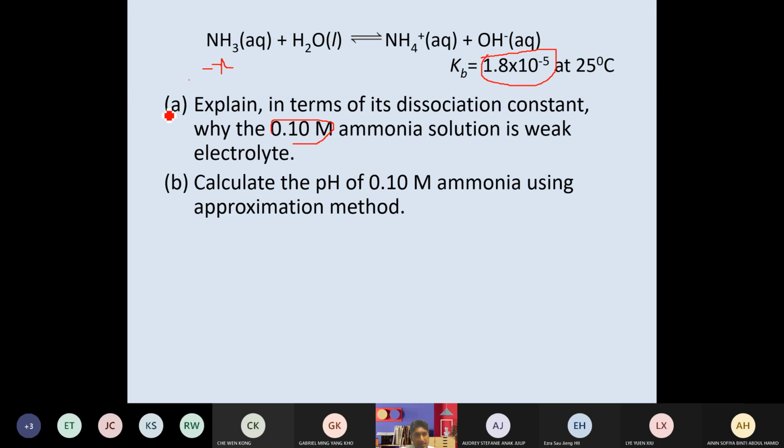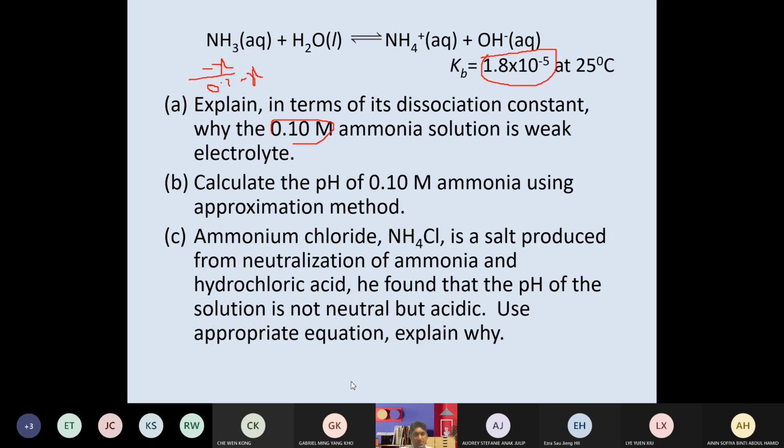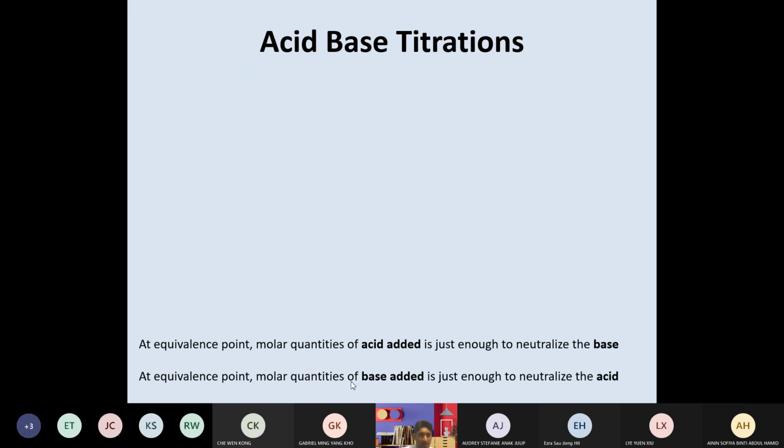So at equilibrium we have 0.1 molar minus X, and Kb will be 1.8 times 10 negative 5 equals X squared by 0.1. From there we will use the approximation method, and of course we have to validate whether the approximation is valid or not.